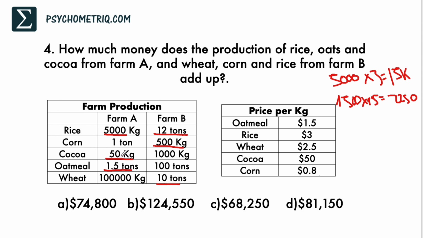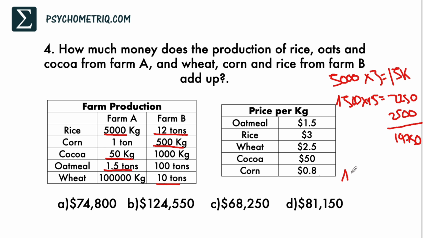The cocoa would be 50 by 50, 2,500. And all of this, if we add it up, gives us a total of 19,750. This would be Farm A. Now we would have to calculate Farm B and add everything up.